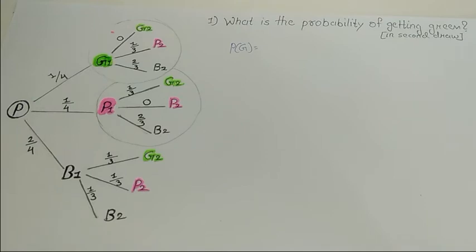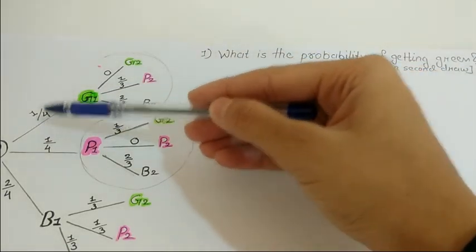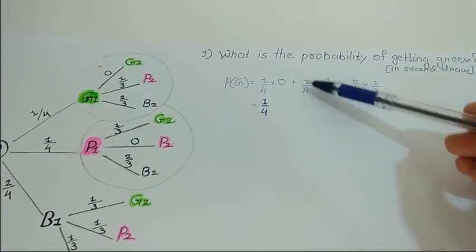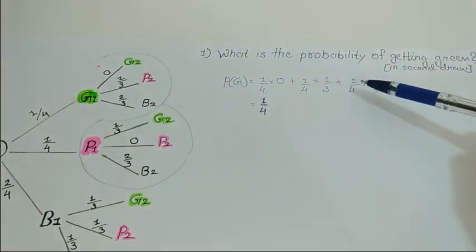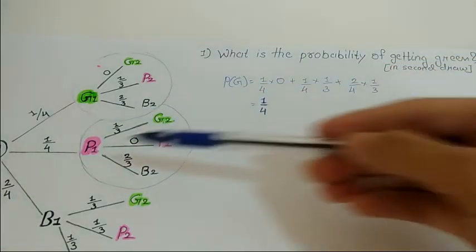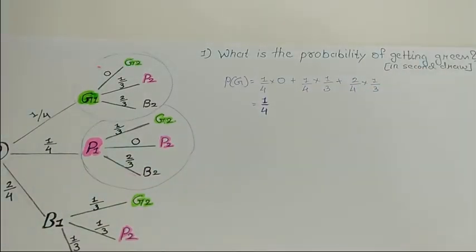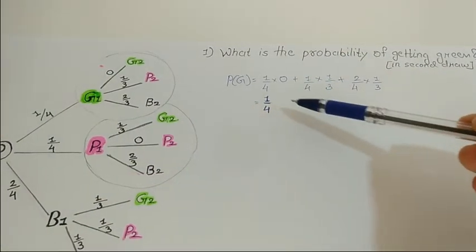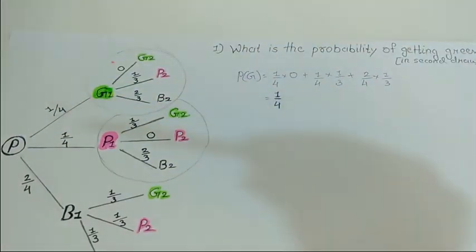And so the probability of getting green will be equal to 1 by 4 into 0, plus 1 by 4 into 1 by 3, and 2 by 4 into 1 by 3, which comes out to be 1 by 4. You can see this is same as probability of getting a green, 1 by 4.